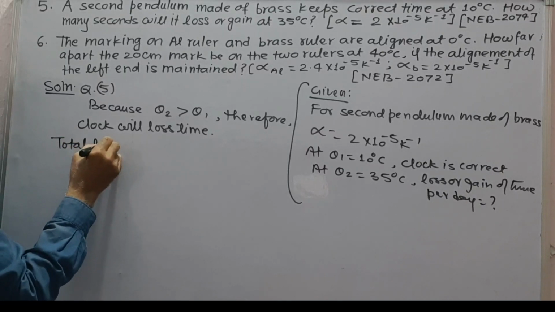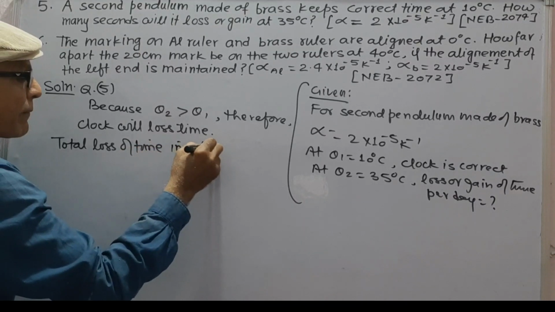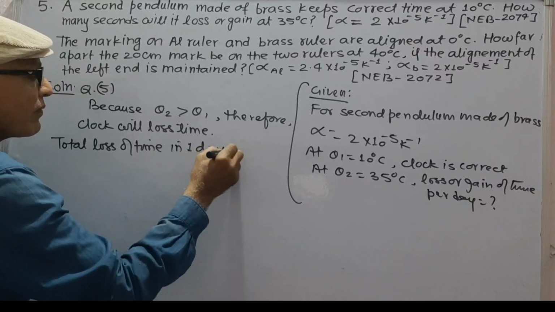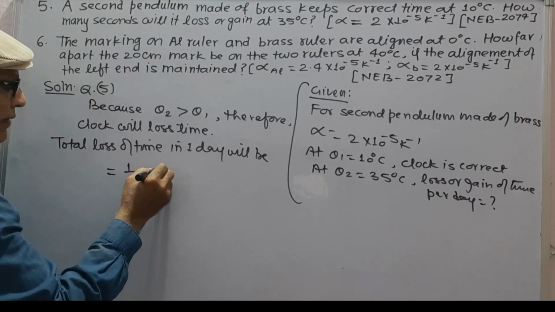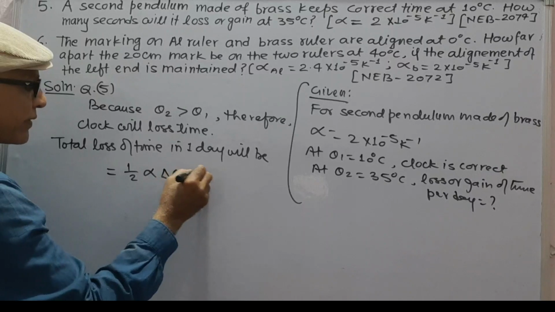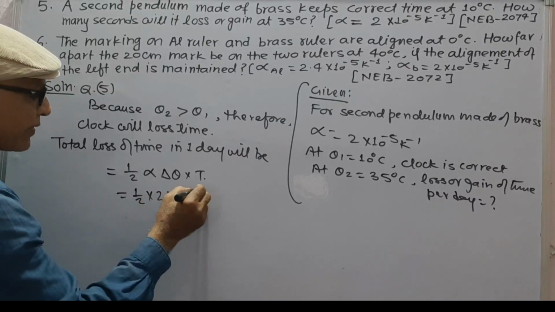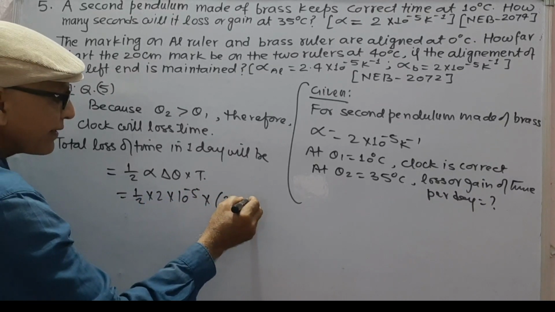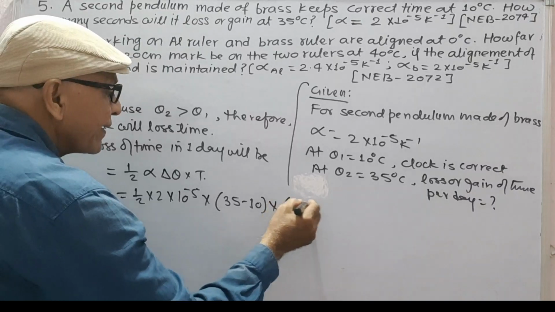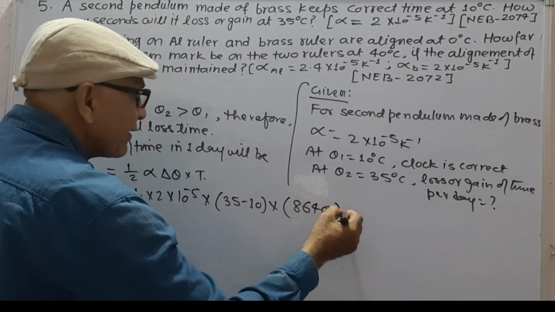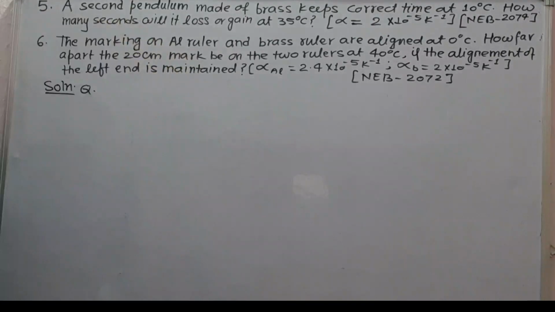Total loss of time in one day will be equal to 1 by 2 alpha delta theta into t. 1 by 2 into 2 into 10 to minus 5 into delta theta 35 minus 10 into t, in one day is 86,400, which gives 21.6 seconds.